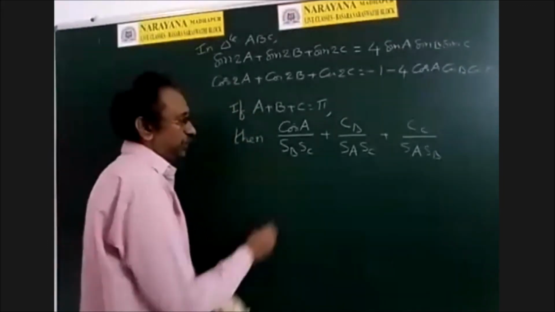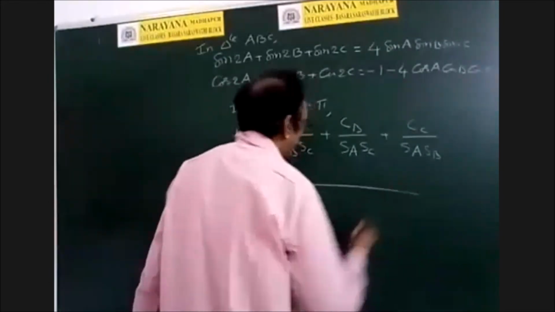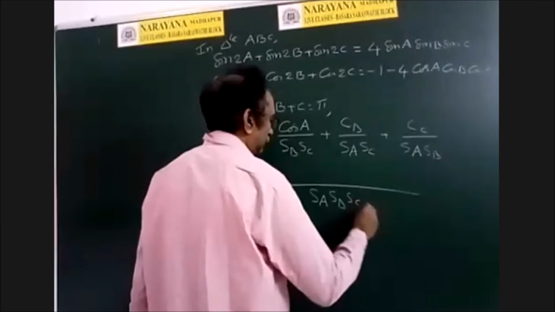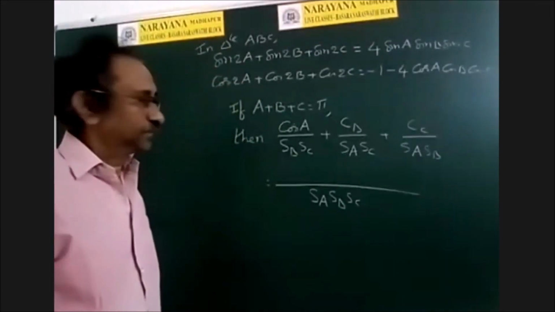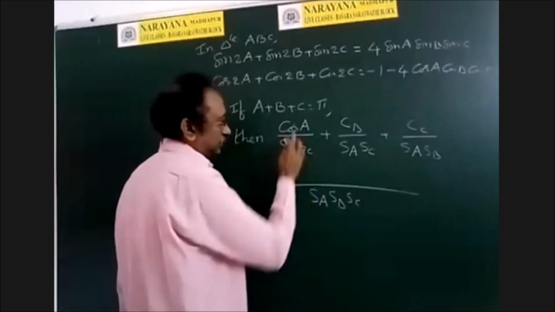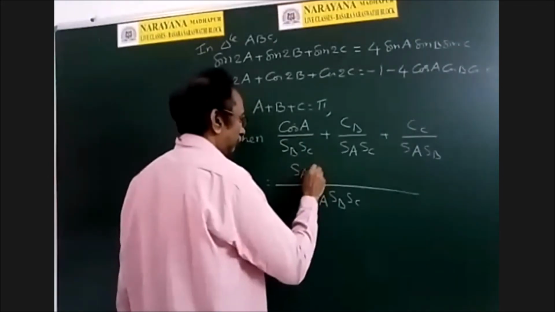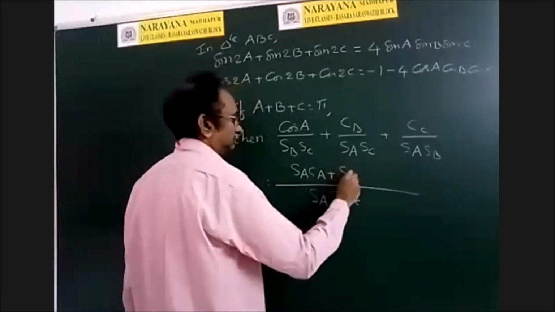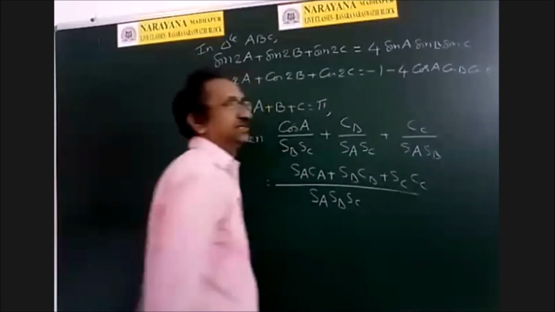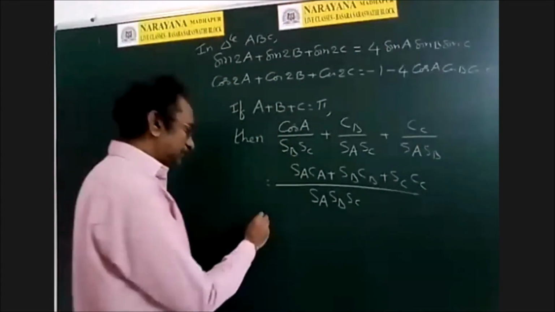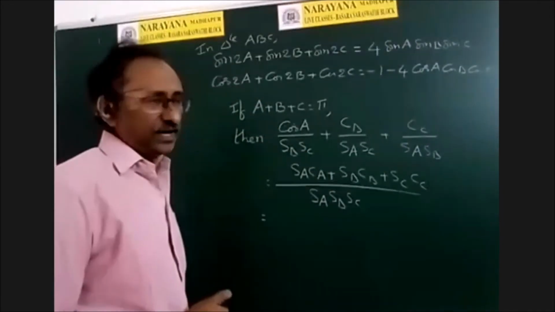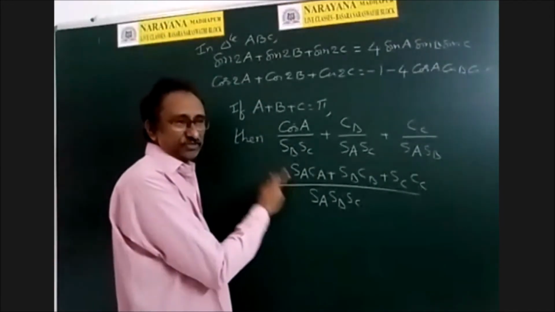Now, what you should do is, what Gnan Swarup did: taking LCM, sin A, sin B, sin C, and immediately the numerator is sin A into cos A plus sin B into cos B plus sin C into cos C. So after seeing this, immediately we get the idea that if there is a 2, I can write this as sine 2A.